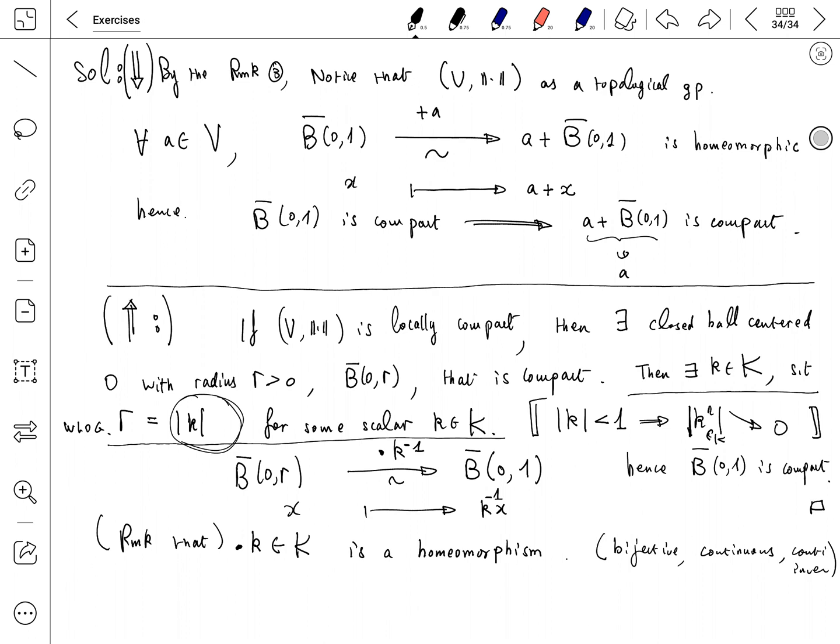So what do I want to say then? As an application, let's see. This is already mentioned, so ZP is compact implies that QP is locally compact.